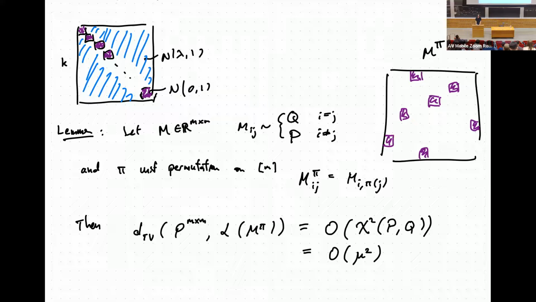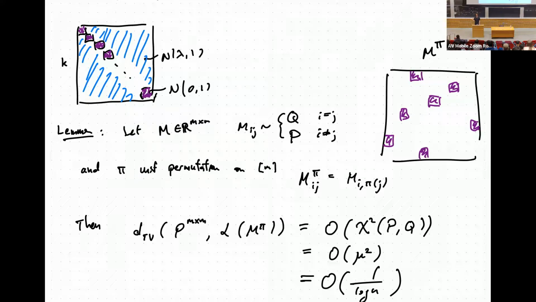And for us, that's just going to be a constant times mu squared. And mu here, remember, is like 1 over root log n. So this is going to be like 1 over log n, and in particular, it's going to go to 0. What's remarkable about this lemma, and it's not that hard to prove, is that we're looking at the distance between an entire matrix and another entire matrix, and there are many entries that aren't what they should be, m of them.